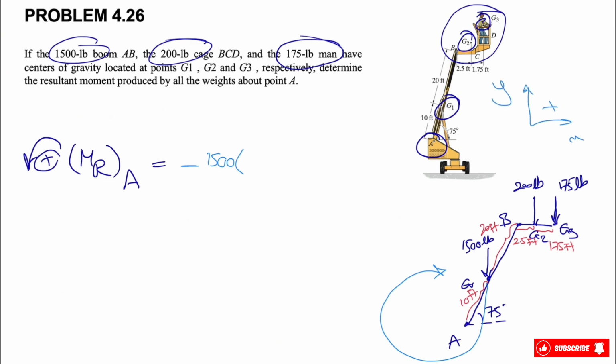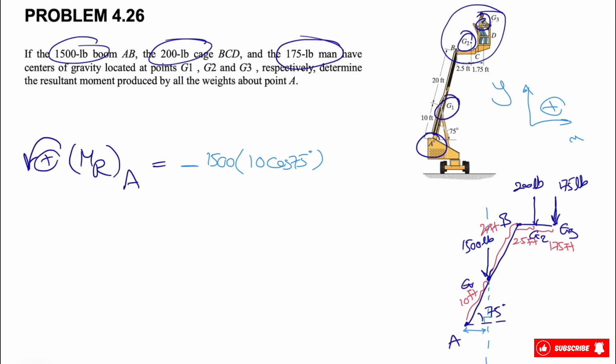So the force is pretty much in the y direction, so we don't need to do anything about that. But for the distance, as I mentioned, we go with the vertical distance to the line of action of the force. This is the line of action for the 1500 force, and the vertical distance is this distance from here to here, which if we look at this triangle will be 10 times cosine of 75. That's pretty much everything for this force, and we can move on to the second one.